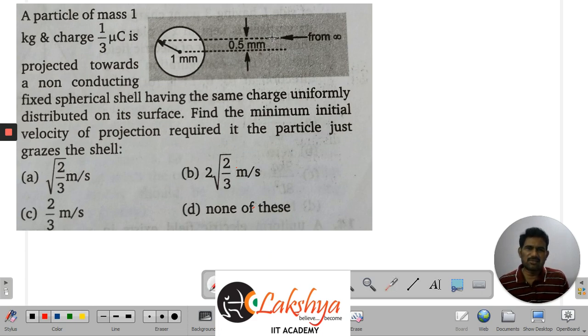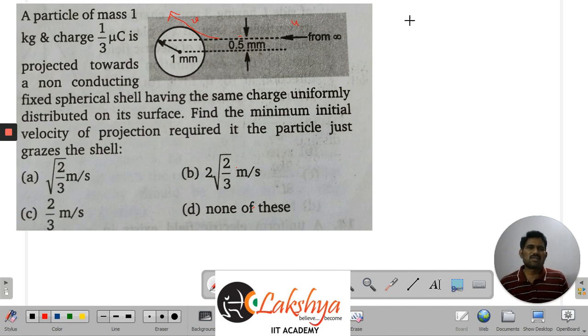It is coming like this and it is just grazing the surface, so it travels like this. Let's suppose the velocity of the particle at this point is v. They are asking for the minimum initial velocity, so this initial velocity I am taking as some u.